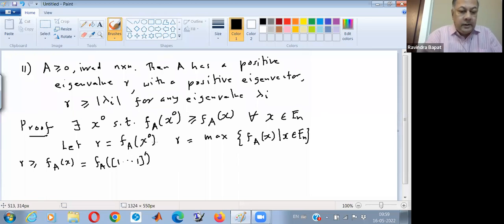If you look at the definition of FA, this comes out to be the minimum row sum, because Ax will then be the row sum vector. So this will be the minimum of the summation of Aij over i. And that is definitely positive.